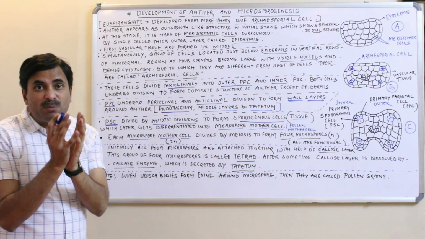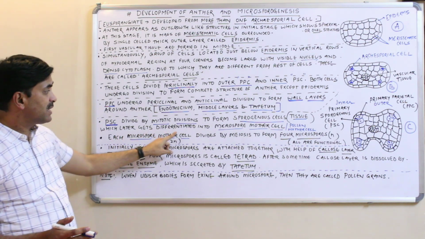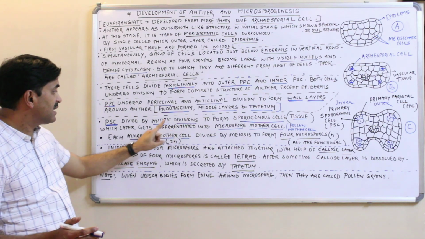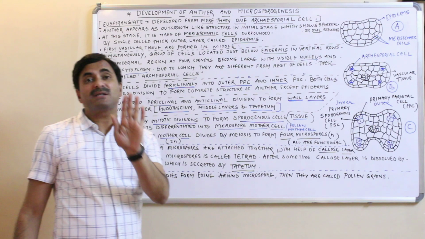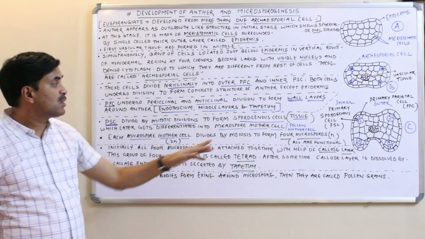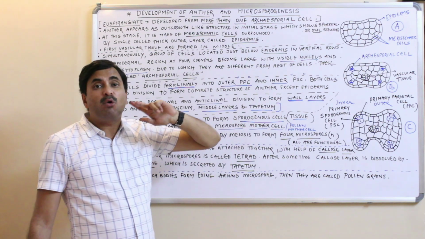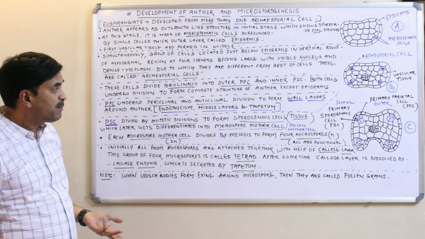The sporogenous cells later get differentiated into microspore mother cells. Microspore mother cell is also called PMC, pollen mother cell. Why? Because these microspore mother cells will later form the microspores or pollen grains.